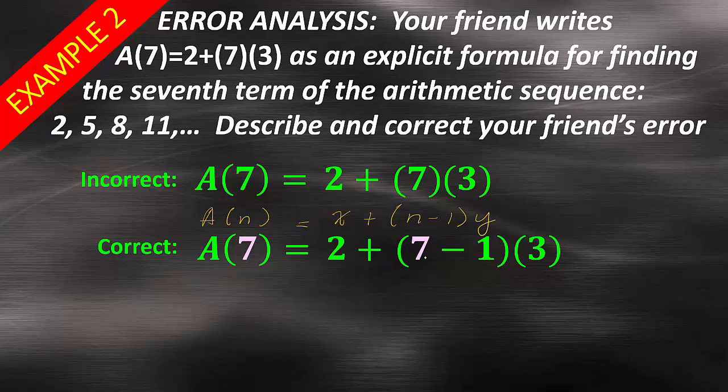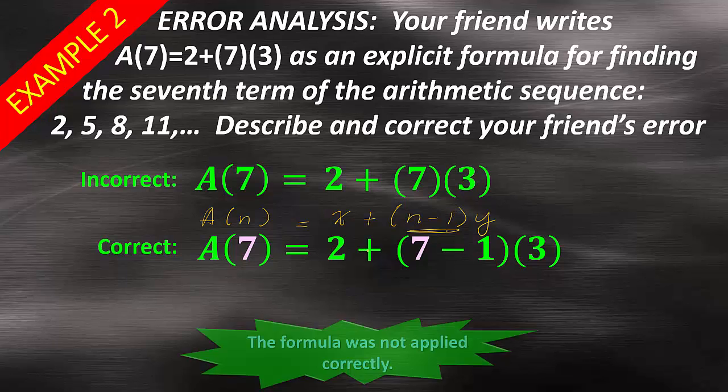The key is that this is always going to be n minus 1. So these numbers are not going to match here, after you've subtracted the 1. It's always going to be 1 less. So be careful of that. Understand that the explicit formula is set up in this way.